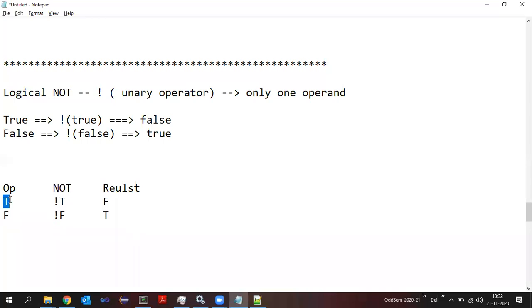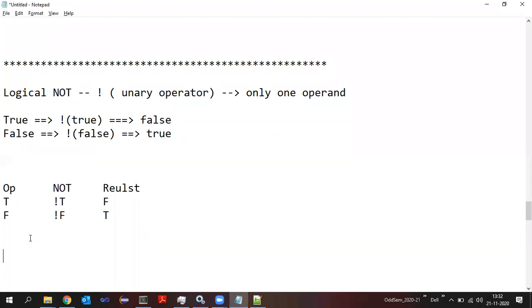If it is true, it makes it false. If it is false, it makes it true. That is how the logical not works. Logical not just interchanges or reverses the value of its operand. Follow this one, logical not?